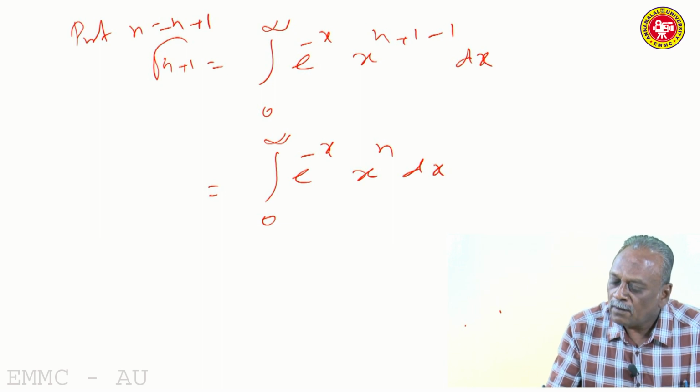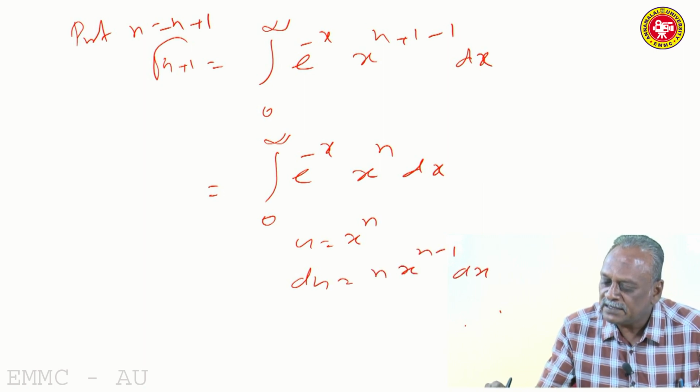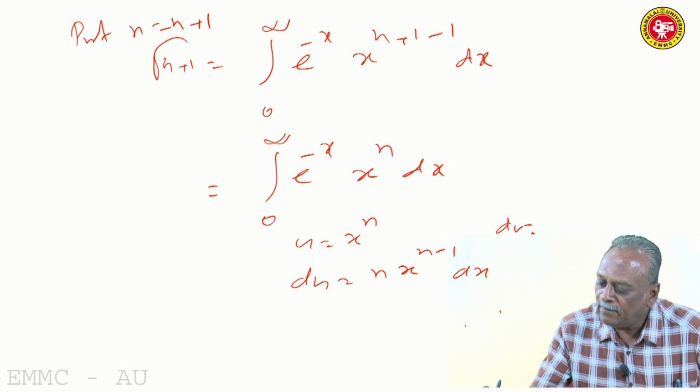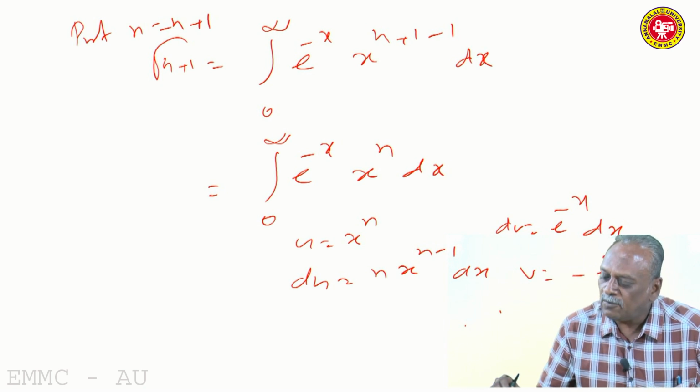Take u equal to x power n, du equal to n x power n minus 1 dx, and taking dv equal to e power minus x dx, integrating we get v equal to minus e power minus x.